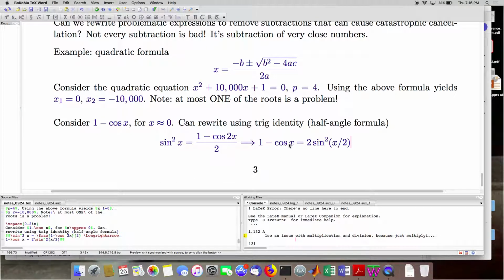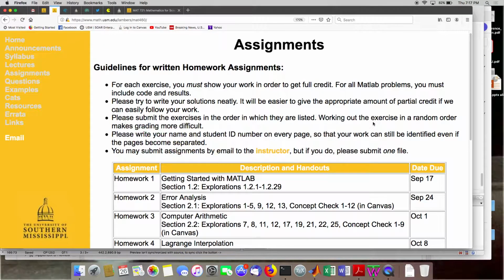So as long as this angle is double this angle, then that works. So we don't have that same kind of problematic subtraction going on here. And so I'm going to actually want to confirm this in MATLAB.